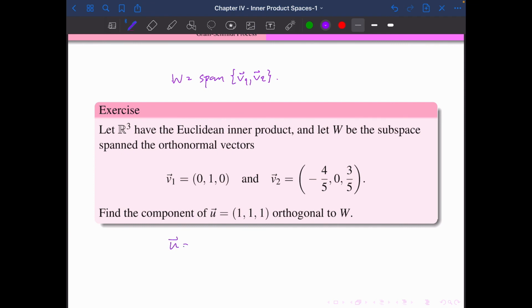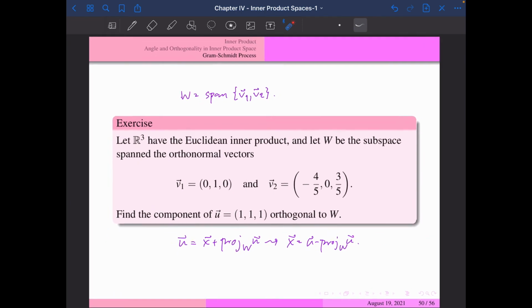Our vector u is x plus the projection of u on W, so we need to find the vector x. If we can find the projection vector of u on the subspace W, we can find the component of u orthogonal to W. That is the vector x. Okay, so we start to find the projection.